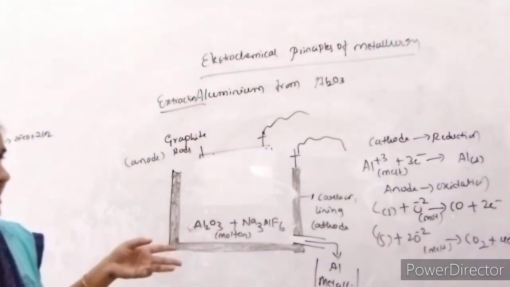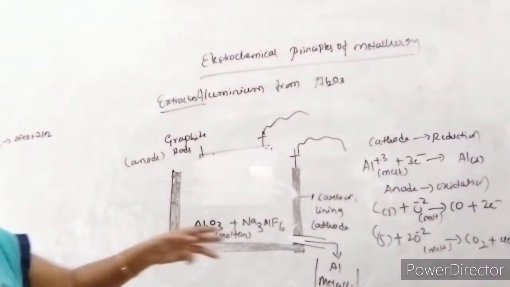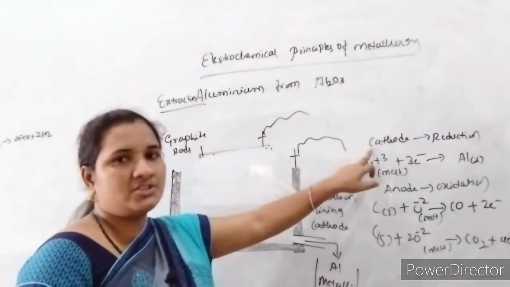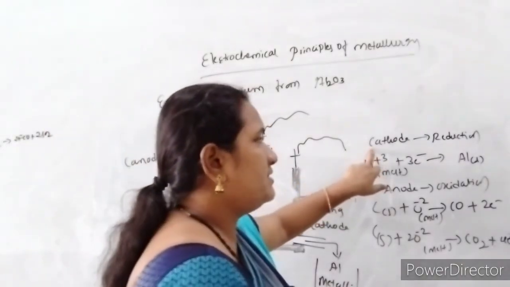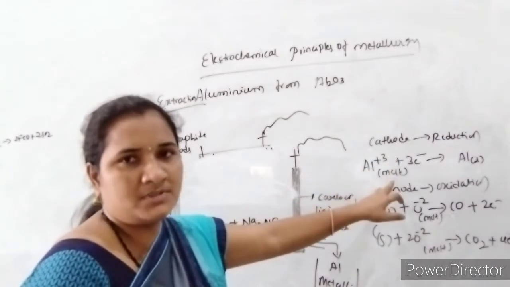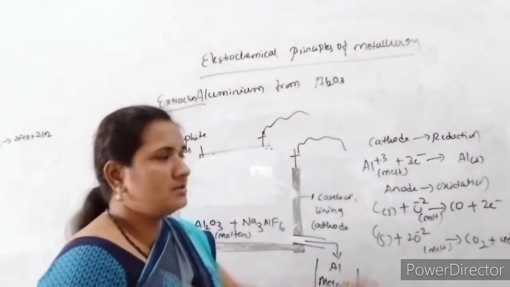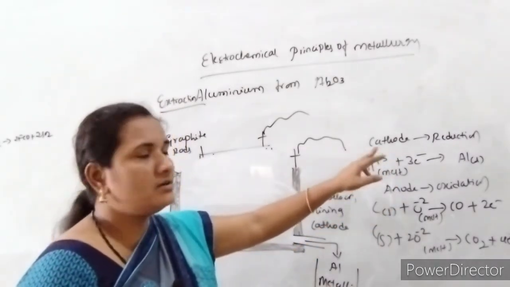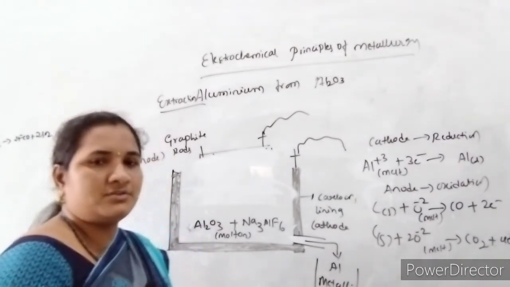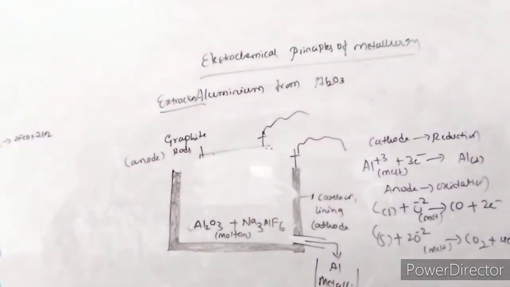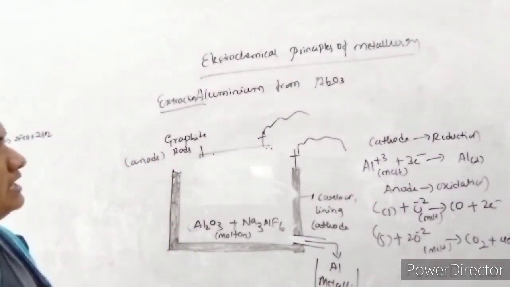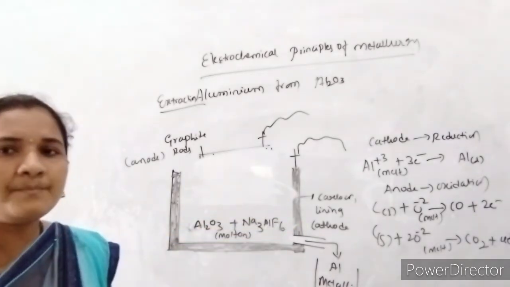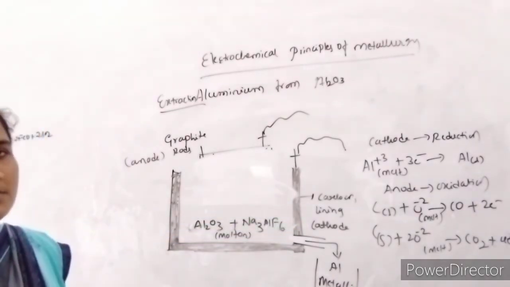Another important thing is at which electrode the aluminium is produced. That is nothing but at the cathode the aluminium will be produced. Okay, so in this way we are applying the electrochemical principles for the pyrometallurgical processes.